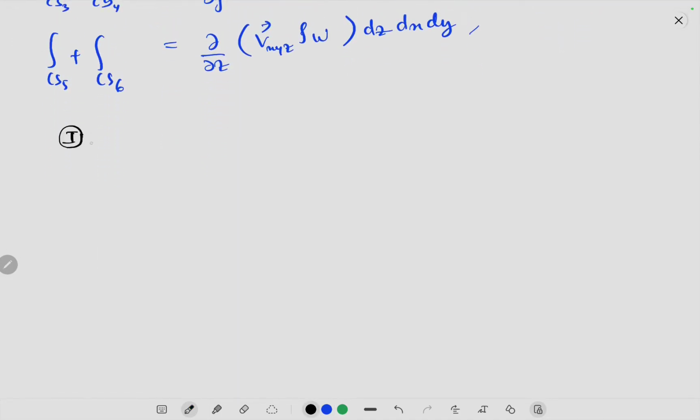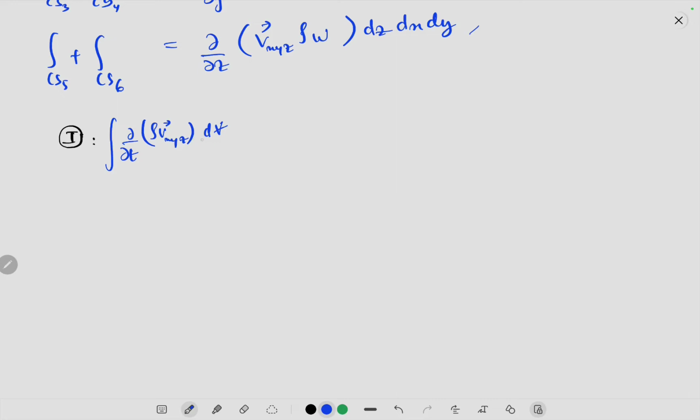Now let's focus on one, which was the integral of del by del t of rho v. Again I have used the Leibniz rule to take d by dt inside of this integral, and this is over dV.